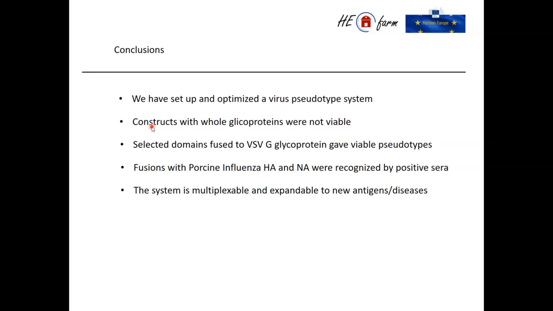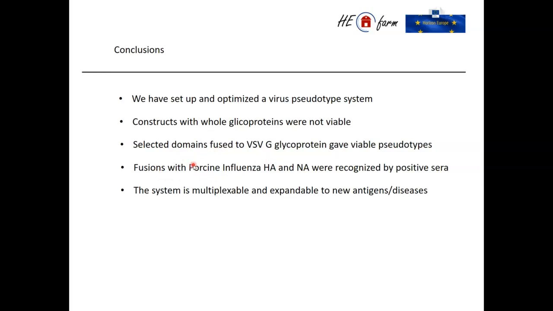But unfortunately, the ones with swine influenza that we tried were not viable, in the sense that we were not getting enough infectivity from the cultures expressing that glycoprotein. So we went ahead and made selected domains fused to the VSV glycoprotein, and this was more doable and more successful.